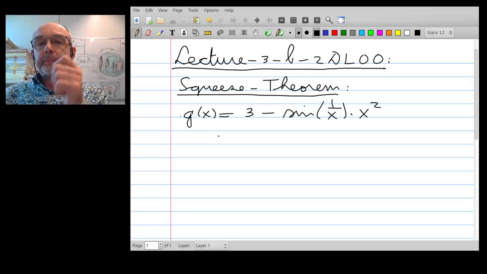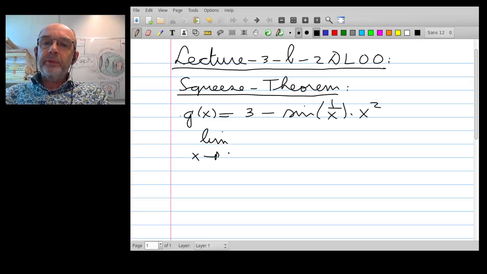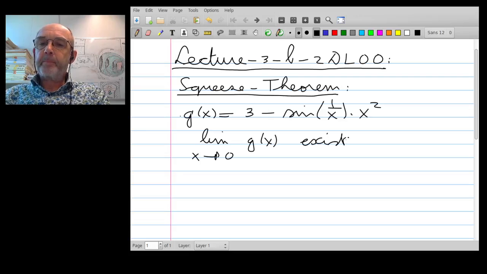And I have to prove that the limit from x going to 0 of g exists, and also to calculate it.